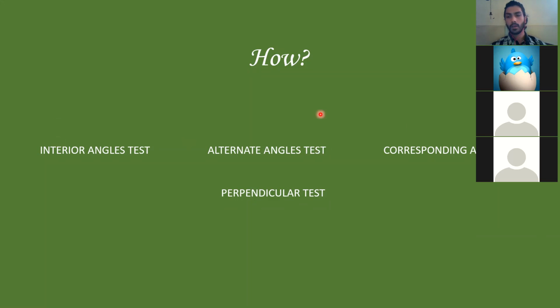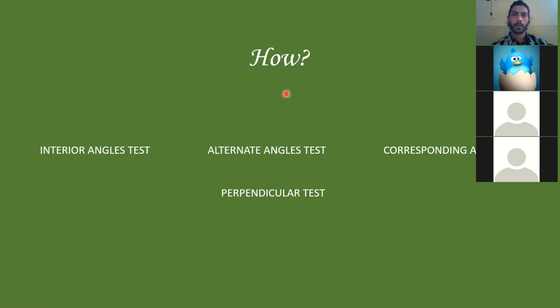I would request you to have a notebook and a pen because now I'm going to be proving these tests for you, showing how to do that. And I request you all to write it in a notebook because it's very important. Once you understand how to do this, you can solve any other problem, which we'll be doing in the next lectures. But pay attention for this. These are the most basic tests to prove whether lines are parallel or not.